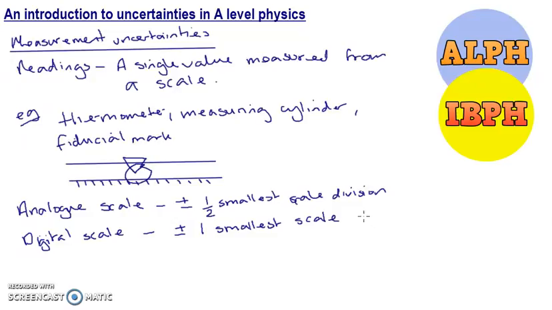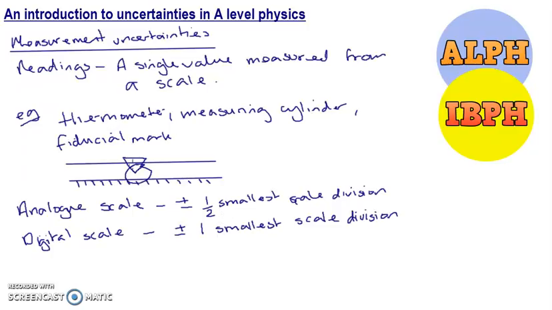We've got no way to know. So we stick with 1 smallest scale division, plus or minus. So if we've got a reading like this in one place, that's good for using a thermometer or a measuring cylinder or a fiducial mark, and that's good for analog scales and digital scales.